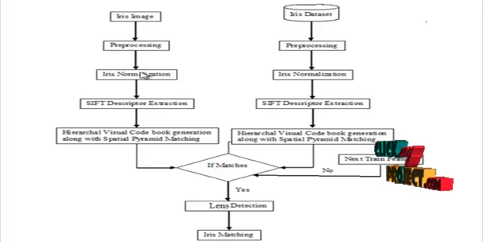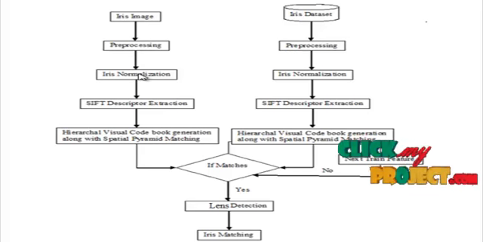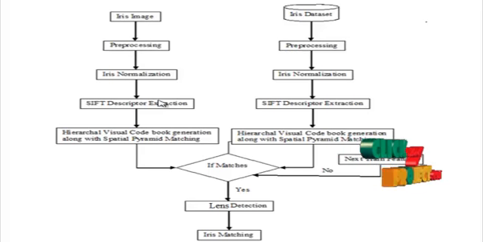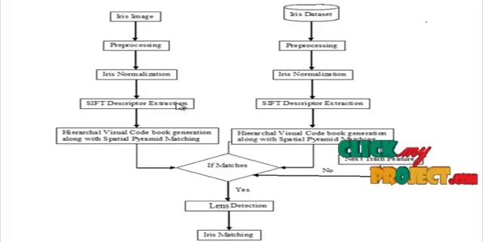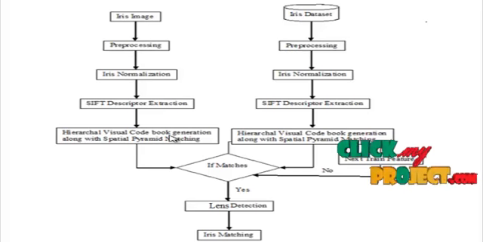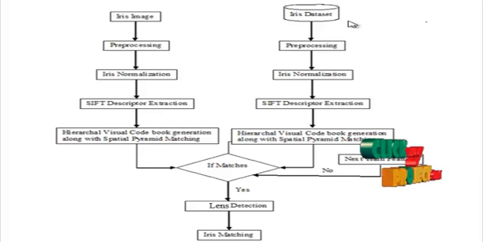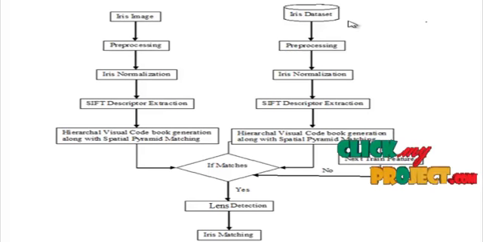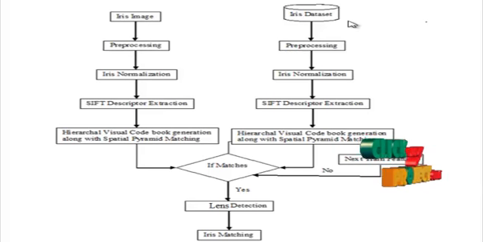After the normalization of the iris, feature extraction is employed based on SIFT descriptors and hierarchical visual codebook generation. The iris datasets are trained by repeating the same processes for all the images in the datasets.